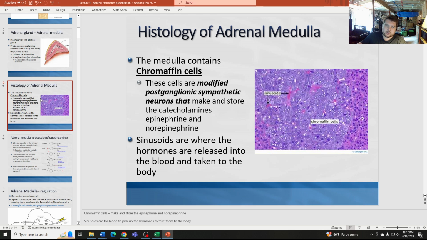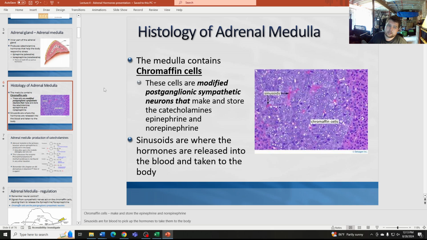Inside of the adrenal medulla, we have these cells called chromaffin cells. So these cells are known as modified postganglionic sympathetic neurons. So what does that mean? If we think about the nervous system, remember the sympathetic nervous system and the parasympathetic nervous system, we have those pre-ganglionic neurons and the post-ganglionic neurons.